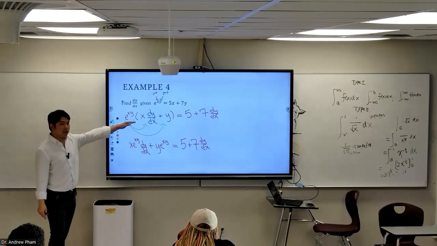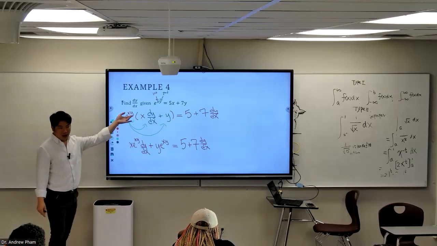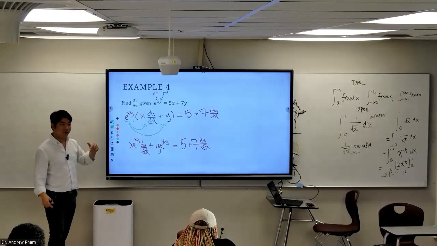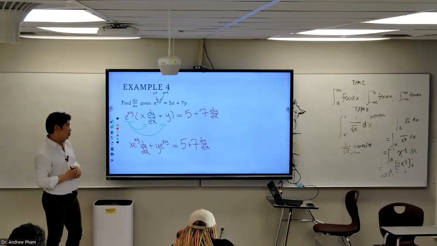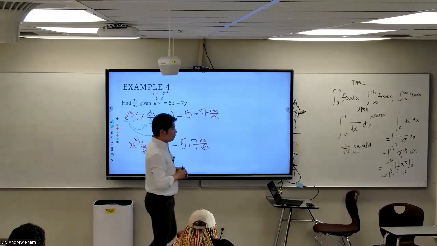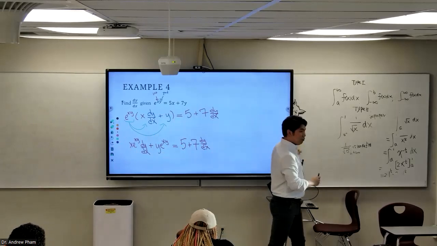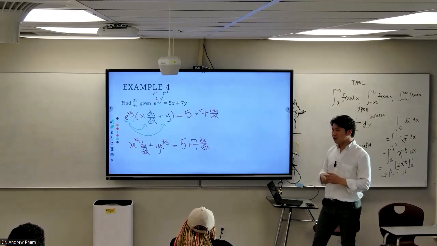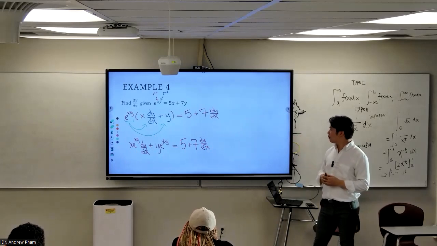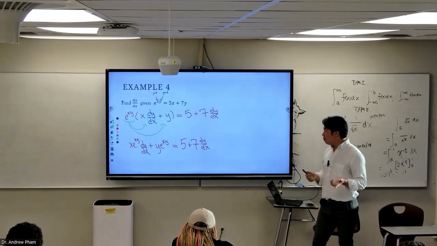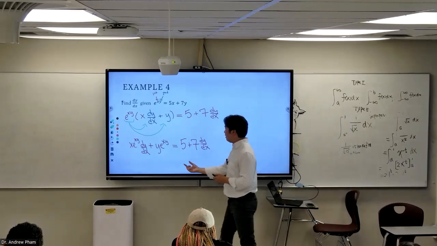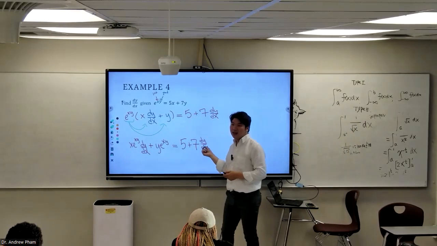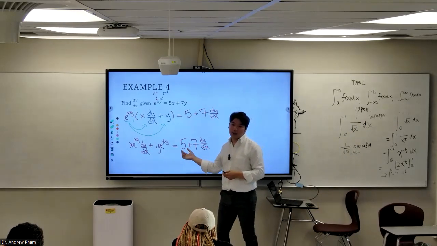If I try to add or subtract and move stuff around here, then I'm pretty limited in what I can do. So do y'all want to move the dy dx's to the left, or do you want to move the dy dx's to the right? There's no wrong answer for this one. Y'all said right? Yeah, so let's say, for example, I move the dy dx to the right, and the stuff that doesn't have a dy dx, let's move it to the left.